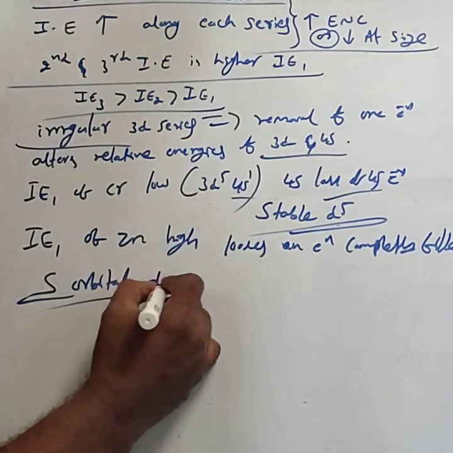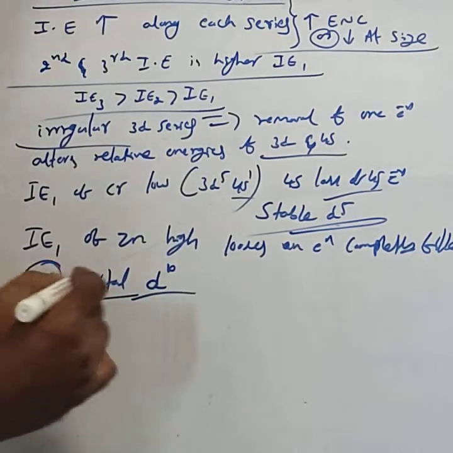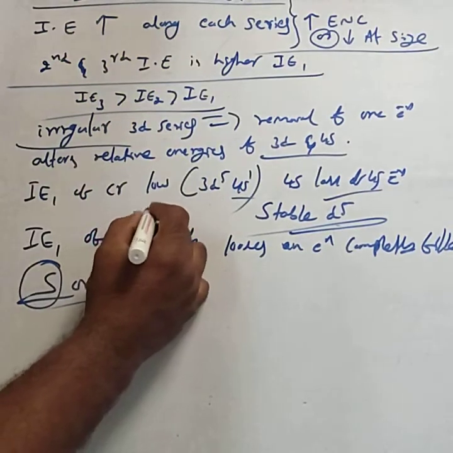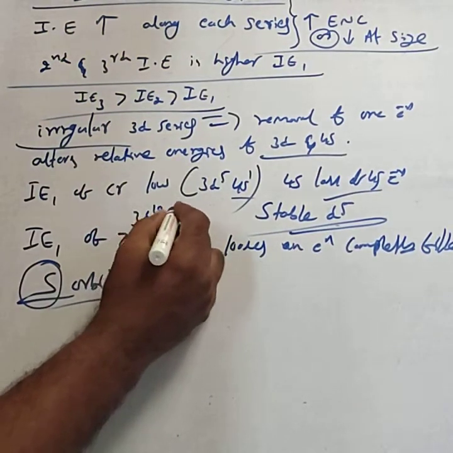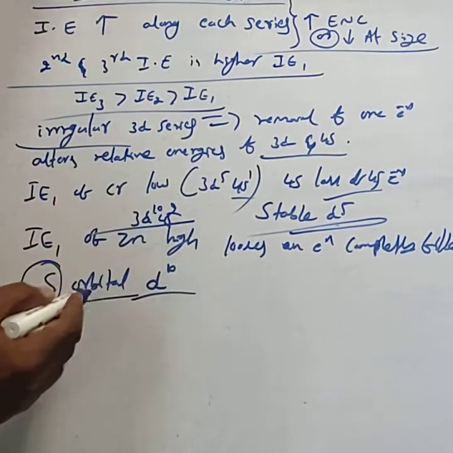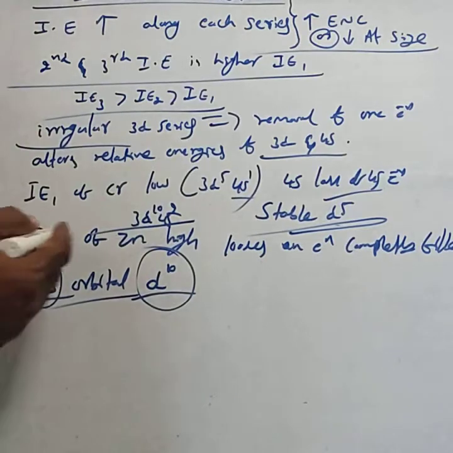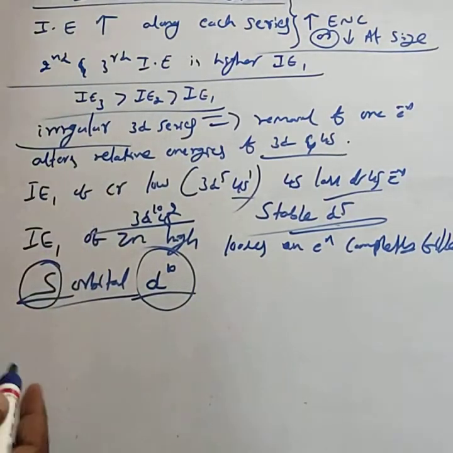The d configuration is d10. Zinc configuration is 3d10 4s2. We have to remove the electron from the completely filled s orbital, with no change in the d10 configuration. Hence IE1 of zinc is very high.